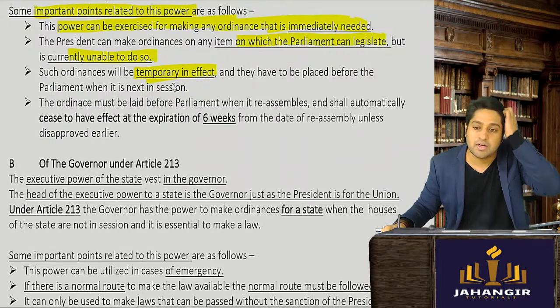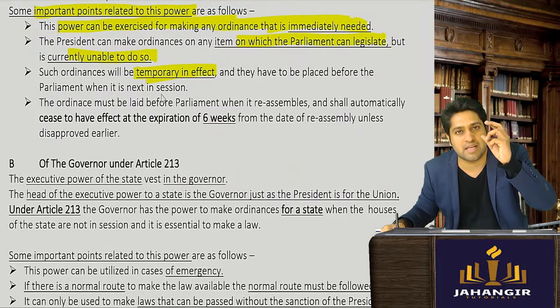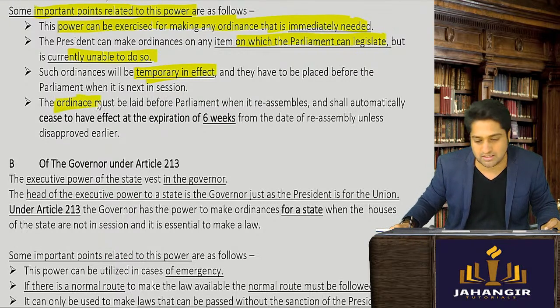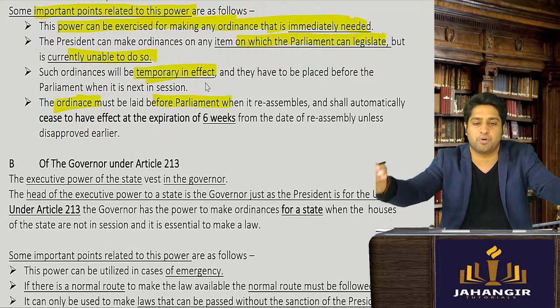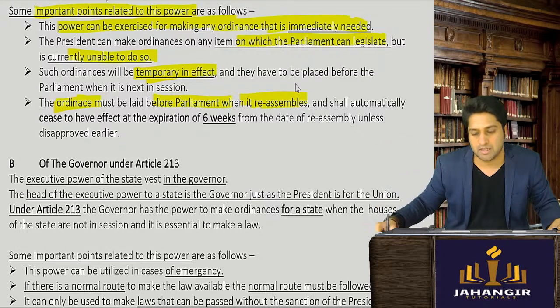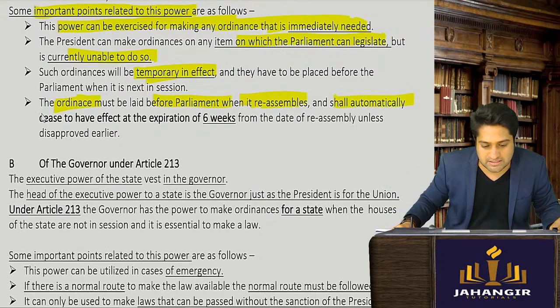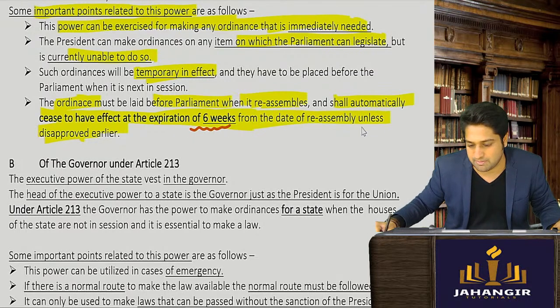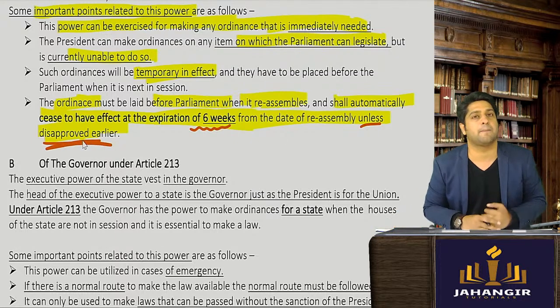Since it is temporary, there must be a validity period. The ordinance will be laid before the Parliament, and shall automatically cease to have effect after the expiration of 6 weeks from the date of reassembly unless disapproved earlier.